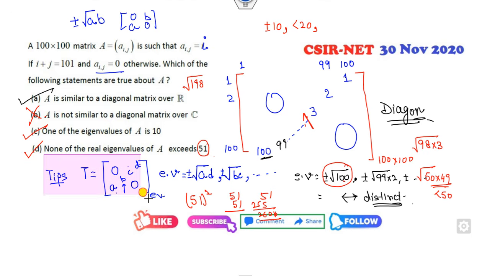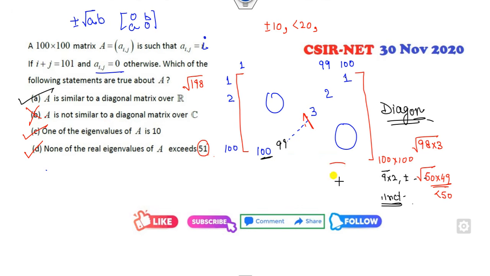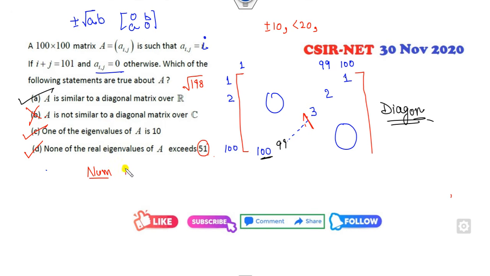But there is one more option that you may understand. Let me clear this one. Have you learned in your numerical analysis the bounds on the eigenvalue? That is called the Gershgorin bounds. So how can you find that? This value will be less than the sum of the elements apart from the diagonal, the minimum among them.